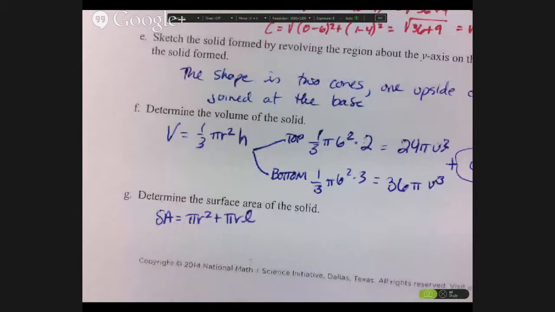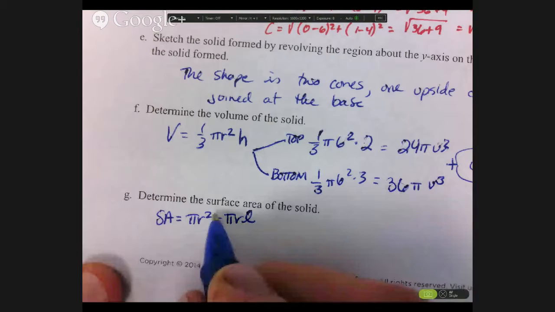That's the formula for cone surface area, plus pi r squared plus pi RL. But do we need the base of each cone? Well, which is it, boys? No, it's not exposed, so we don't need this.